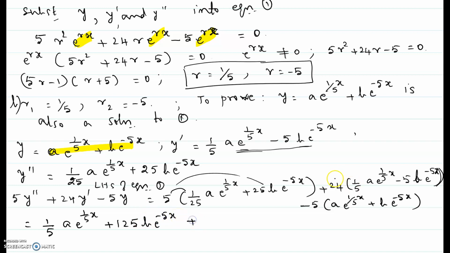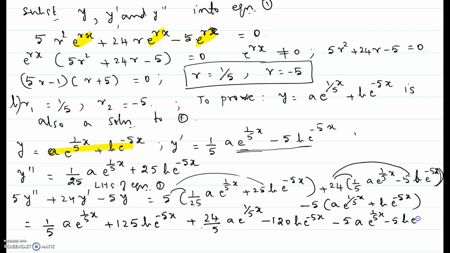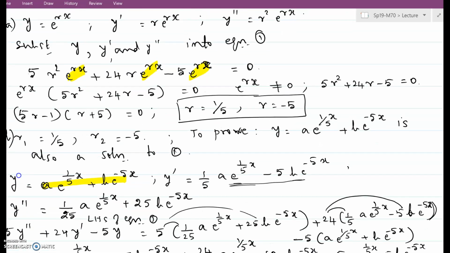Then we distribute the 24: 24 over 5a e to the 1 over 5x, and 24 times negative 5 gives 120b e to the negative 5x. Same way we distribute the minus 5: minus 5a e to the 1 over 5x and minus 5b e to the negative 5x. So this is a big expression.